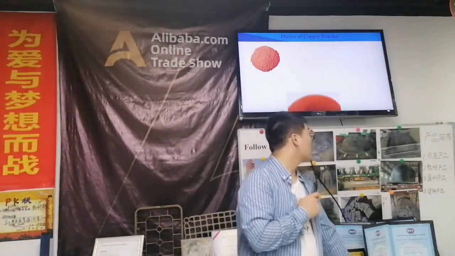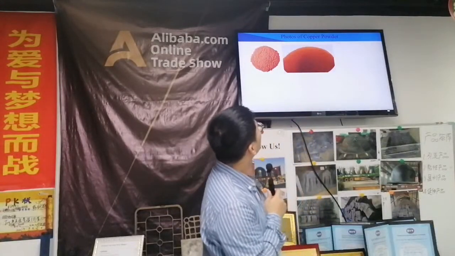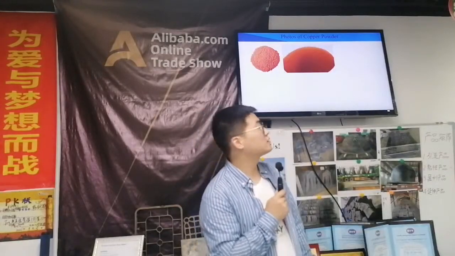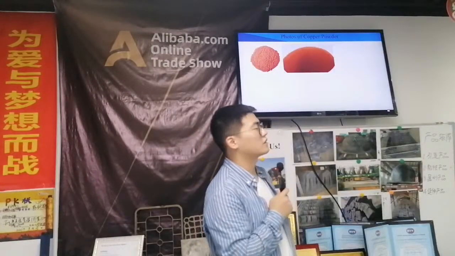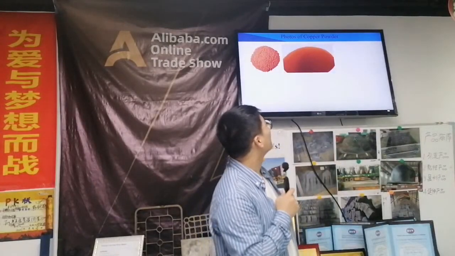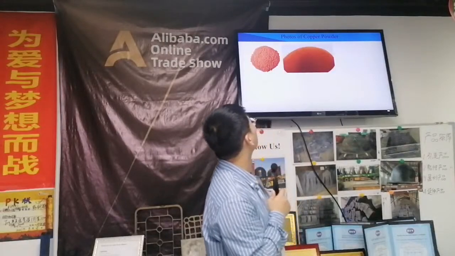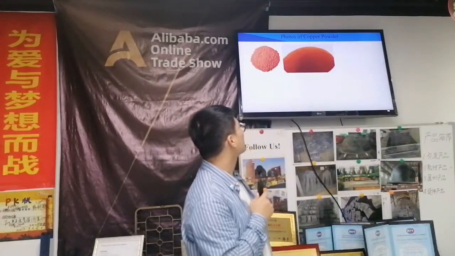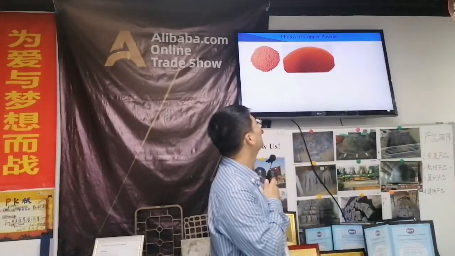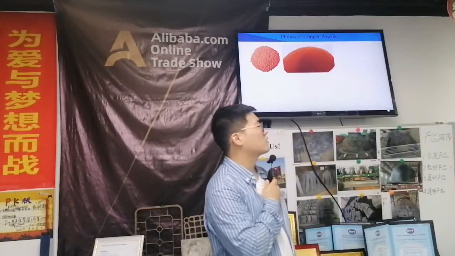And there's also another one, we can see it's darker than the first picture. It's also pure copper powders. The first mesh is about 325. Another is about 100 mesh.